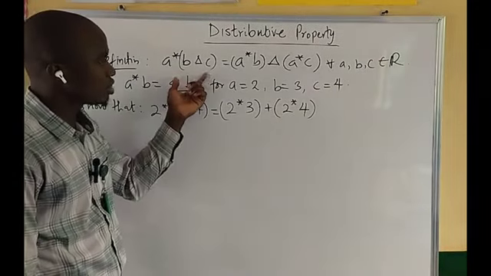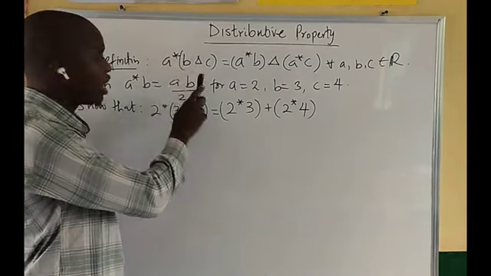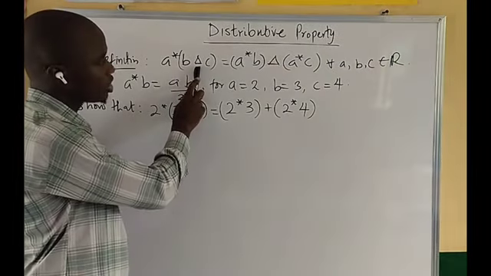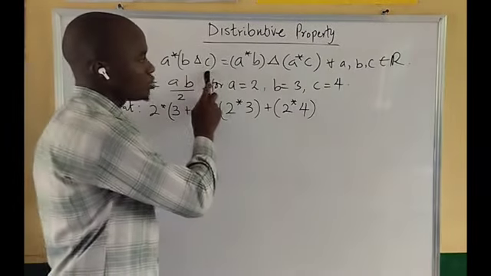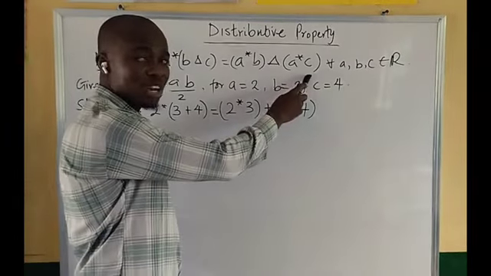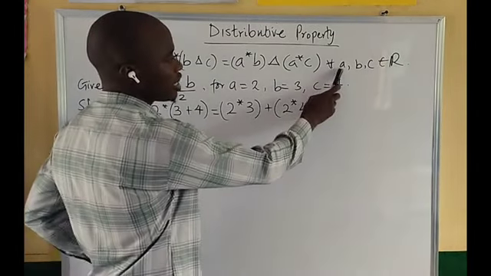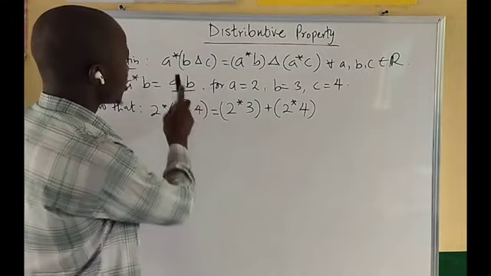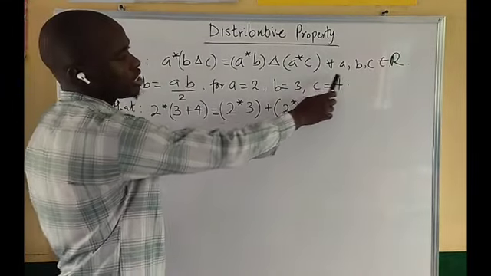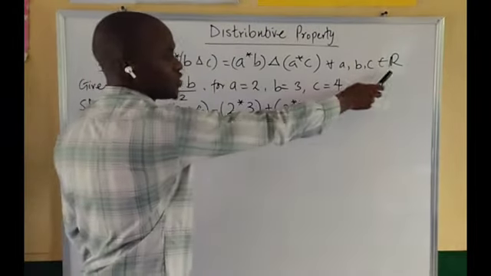Whenever you have this definition, if you look at this, you have the operation star and you have the operation lambda. When you have this written in this form, it can be interpreted on the right hand side. For every a, b, c belonging to the set of real numbers, these a, b, c are just numbers under the set of real numbers.